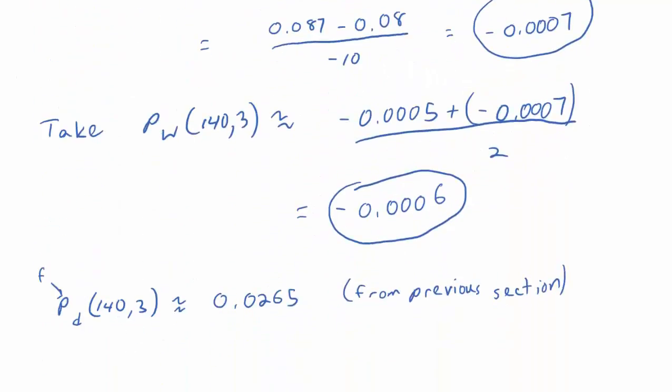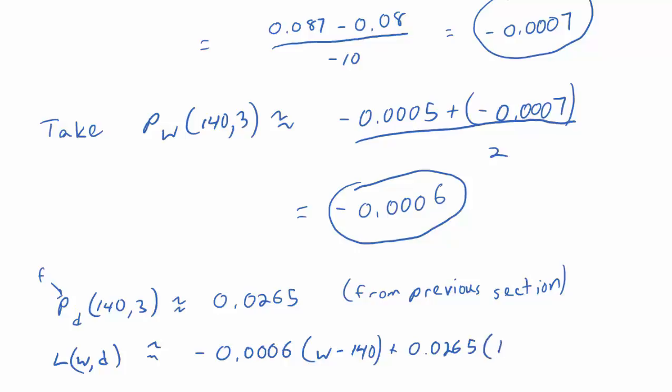So now if you fill it in, you get L of W, D is approximately -0.0006 times W minus 140, plus 0.0265 times D minus 3, plus 0.08. And remember what that is. 0.08 is the value of P evaluated at 140, 3.